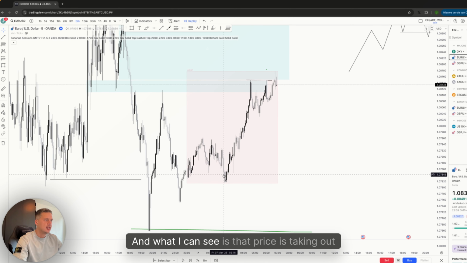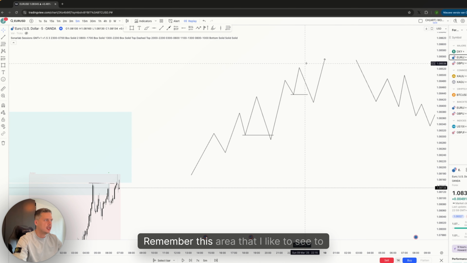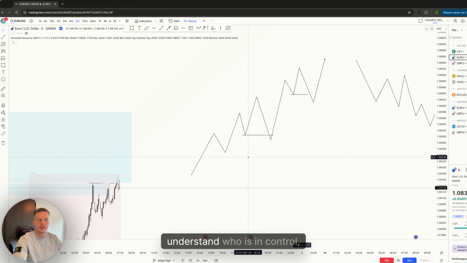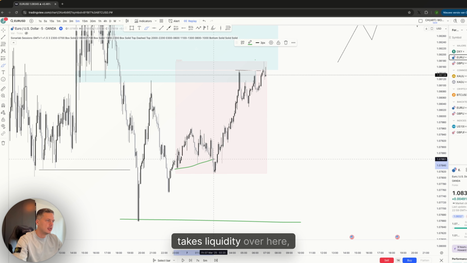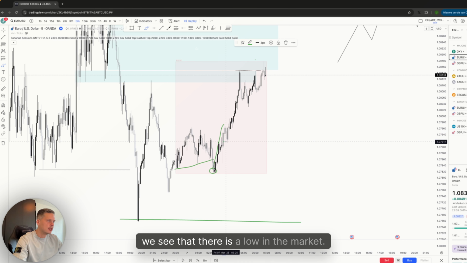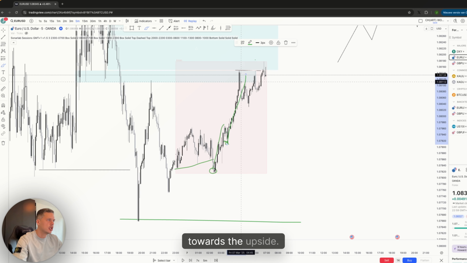And what I can see is that price has taken out lows and pushes out higher, right? Remember this area that I like to see to understand who is in control, so which side we can trade to. What we can see over here is that price takes liquidity over here, grabs liquidity, pushes up. We see that there is a low in the market. 1 minute takes out that low, and we have a push towards the upside.